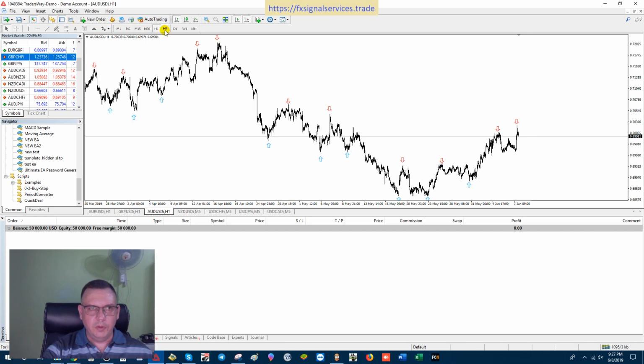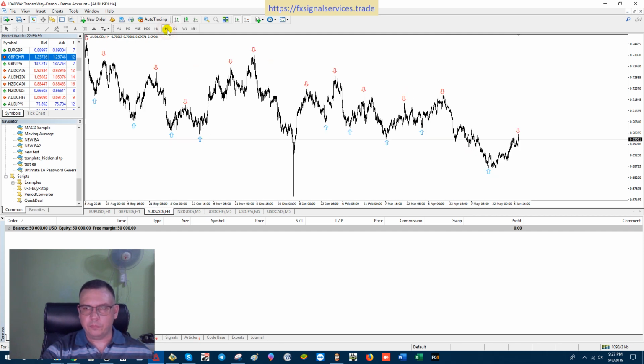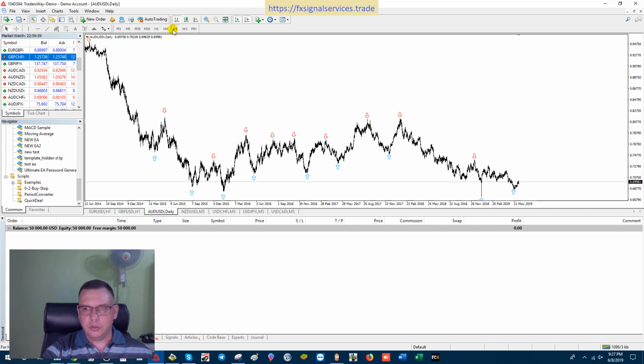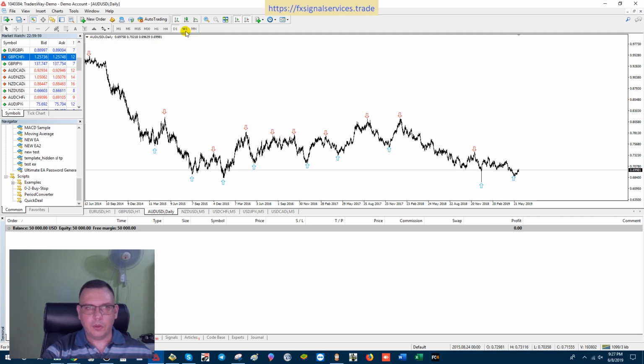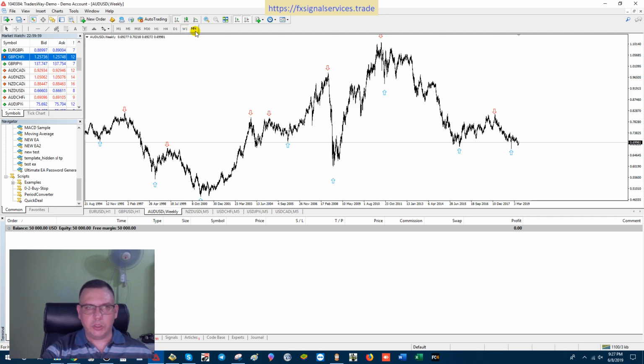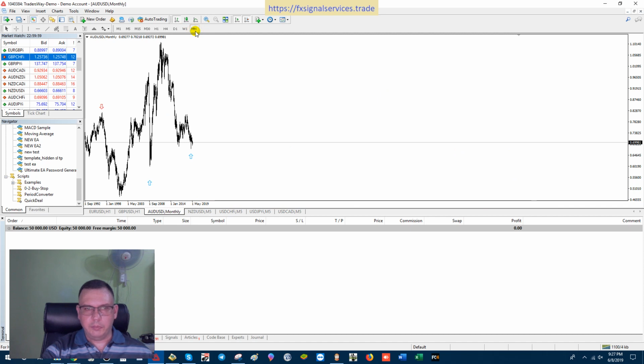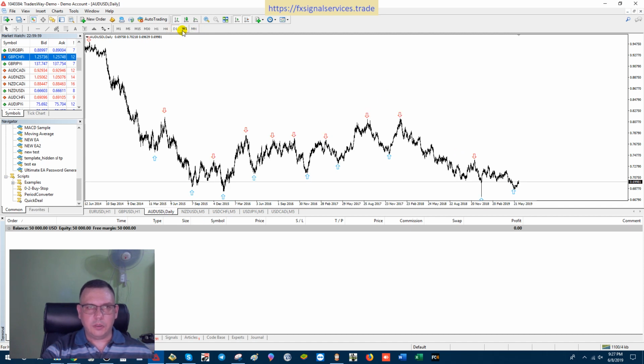And we look at the higher time frames, we're showing the 1 hour bearish and the 4 hour bearish, but the daily and the weekly show bullish, and the monthly as well. So going by the daily and weekly, we can get a bigger perspective of where the long-term trend is going to be going.